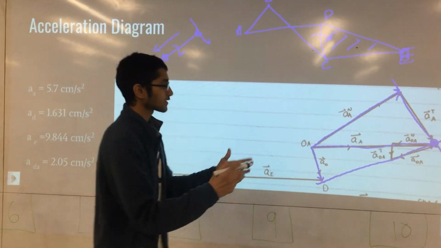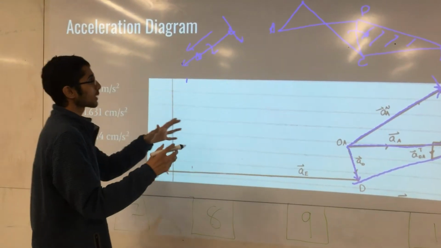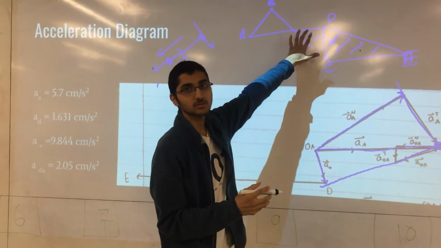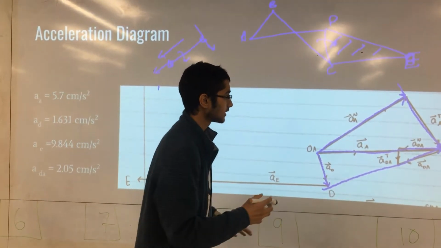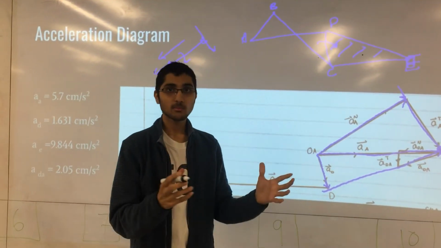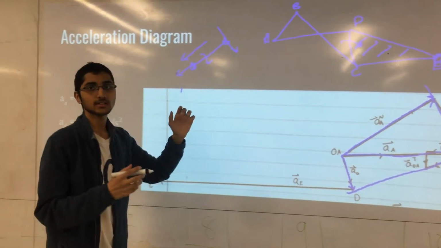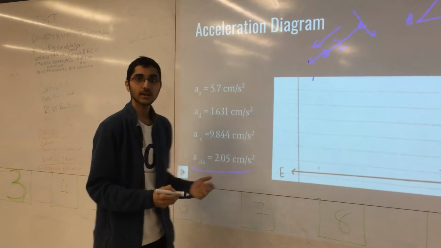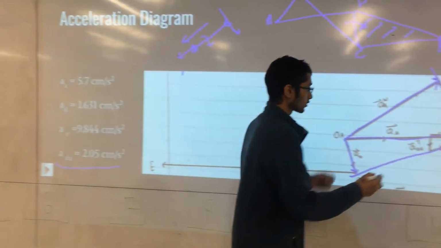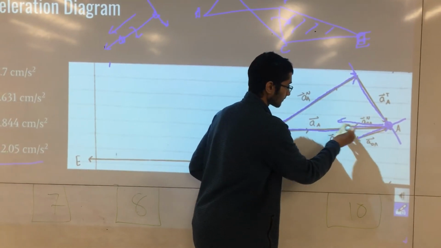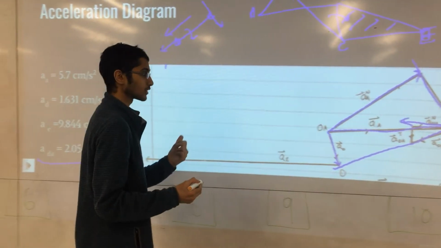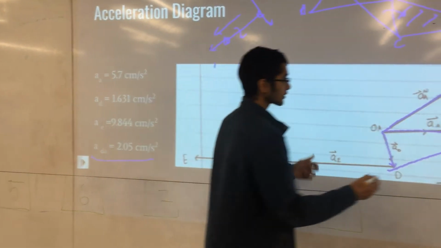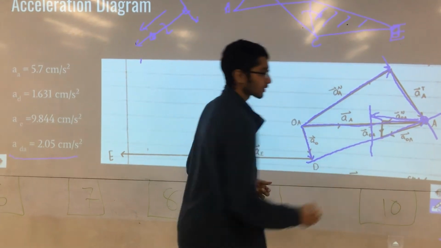Now, let's look at something a little more complicated. The shared acceleration of link 2 between point A and D. We have to look at it from both ways. We calculated acceleration A_DA normal to be 2.05 centimeters per second squared. So we draw that, starting from A going to D. We also have a tangential component.